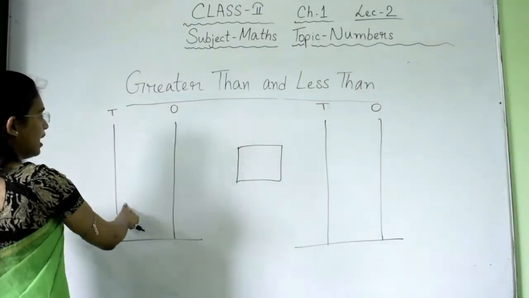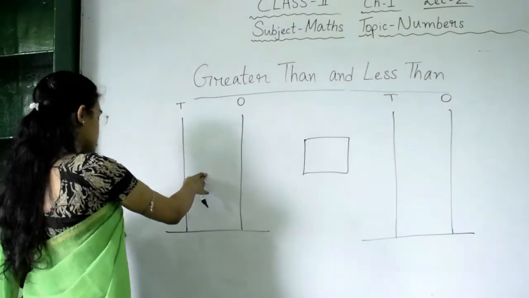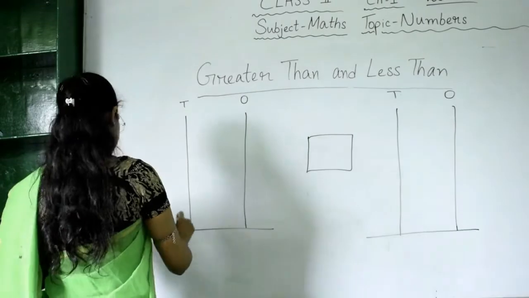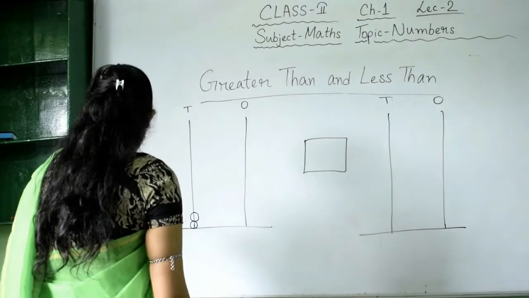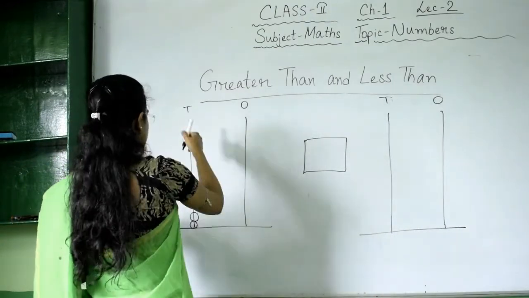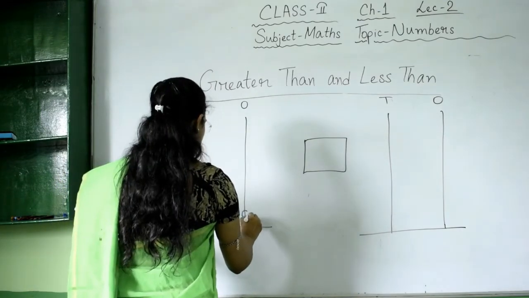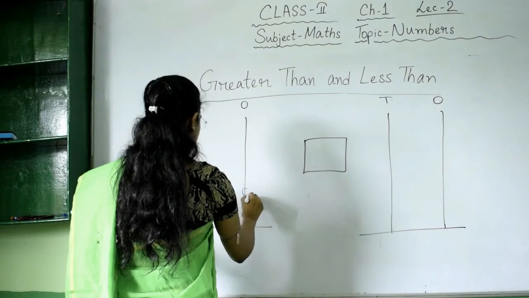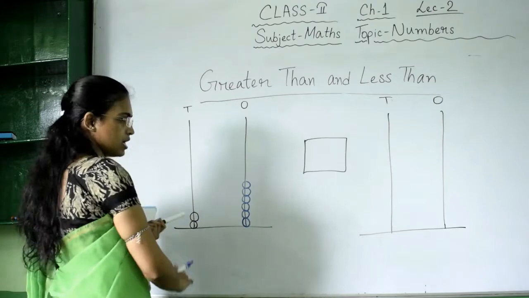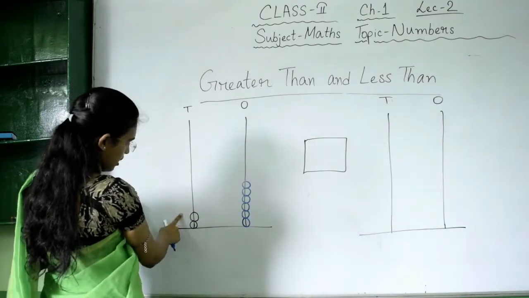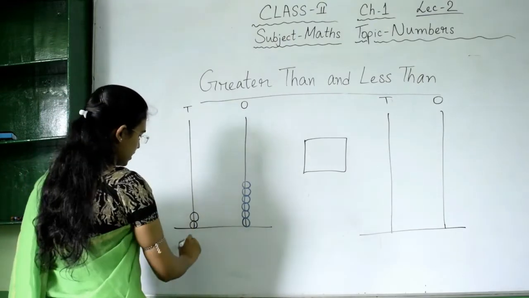Okay. Now again we have 2 abacus, one on each side. Now in the left hand side we have to put 2 balls in the tens place, and 6 balls in the ones place.